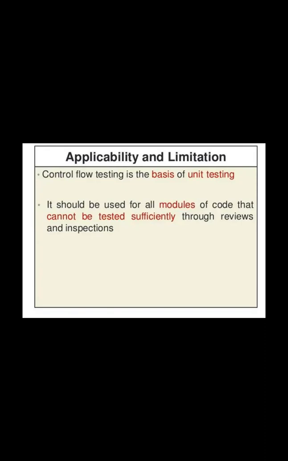It should be used for all modules of the code that cannot be tested sufficiently through reviews and inspections. If you are not conducting proper reviews and inspections during your testing process, you can go for the unit testing method to check all the lines of code by using basis path testing, because basis path testing covers the entire range of code.